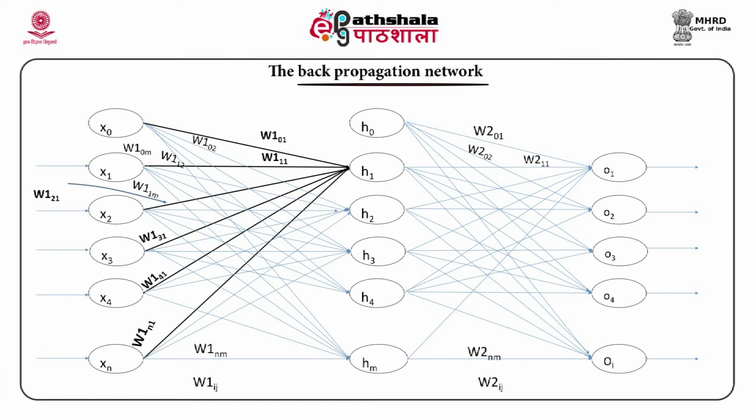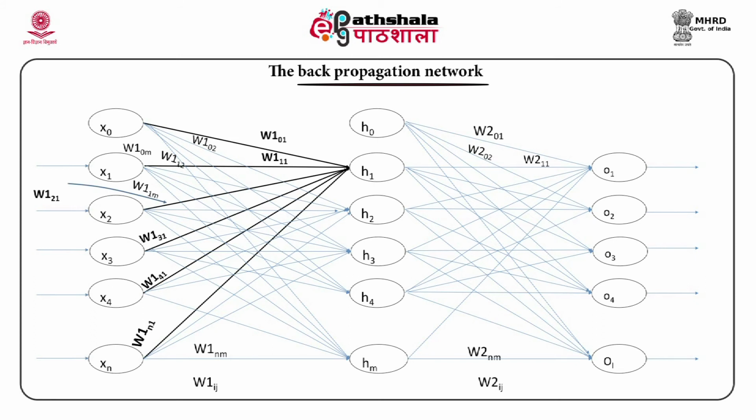Now, this backpropagation network is depicted here with the dark bold face lines and the weights. This is only an extension of what we have seen in the earlier module. We have x0 to xn as input. Now, the n value depends on the features that you take from the input. We have already seen that.